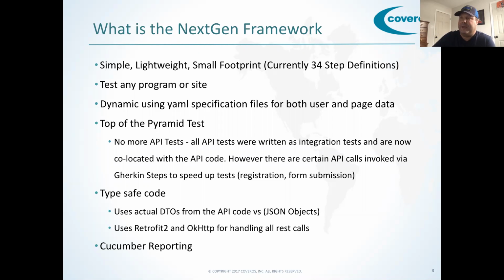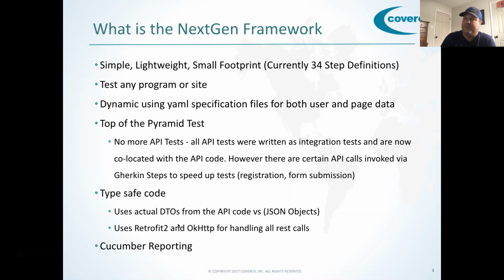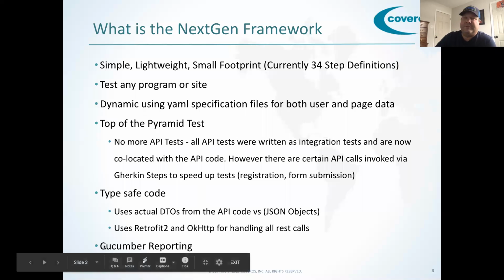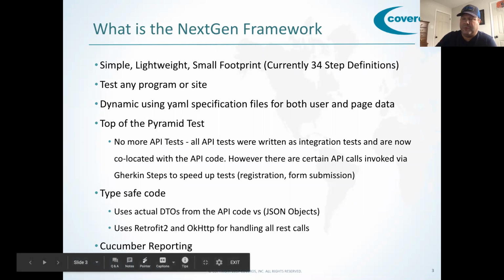But when you're using the DTOs and passing those DTOs, our code won't compile if they have updated their DTOs. And it was new to me, but we're using Retrofit 2 and OkHttp 3 for all the REST calls, handling the calls. And instead of TestNG, we're using Cucumber reporting, which was built in with the code we were already using.